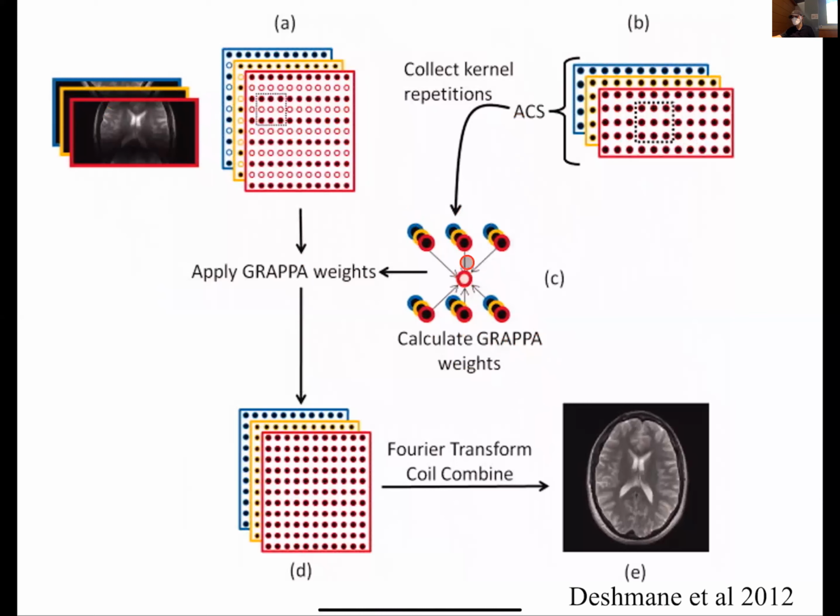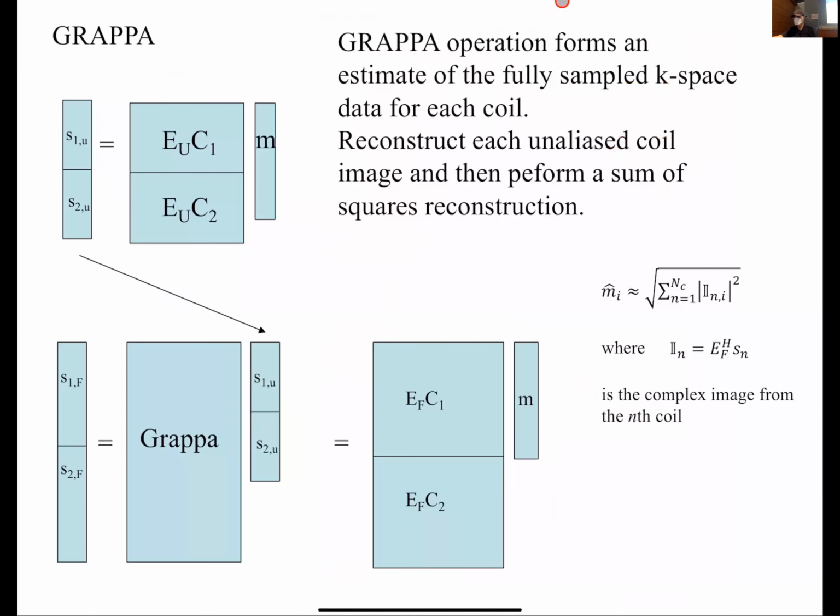And the way I calculate those weights is I acquire a few images beforehand where I actually acquire all of k-space to figure out what those weights should be. Then each image is fully sampled, and I can Fourier transform and coil combine. That's shown here with GRAPPA. Essentially, I'm coming up with full Fourier estimates, and then I can just do a sum of squares reconstruction.